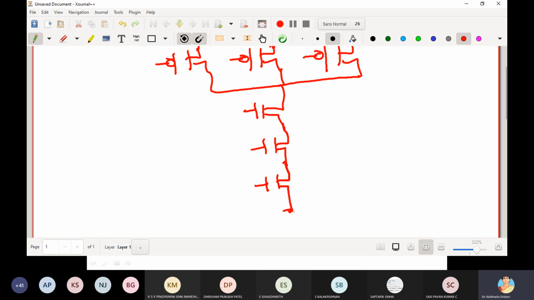What will be the equivalent circuit for it? Here we have the output.